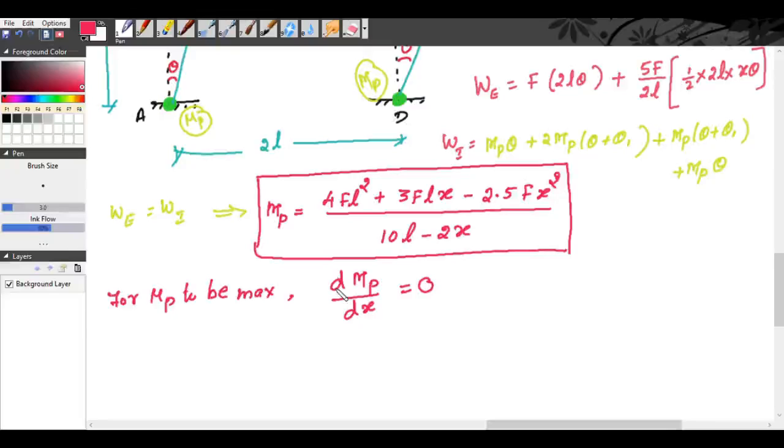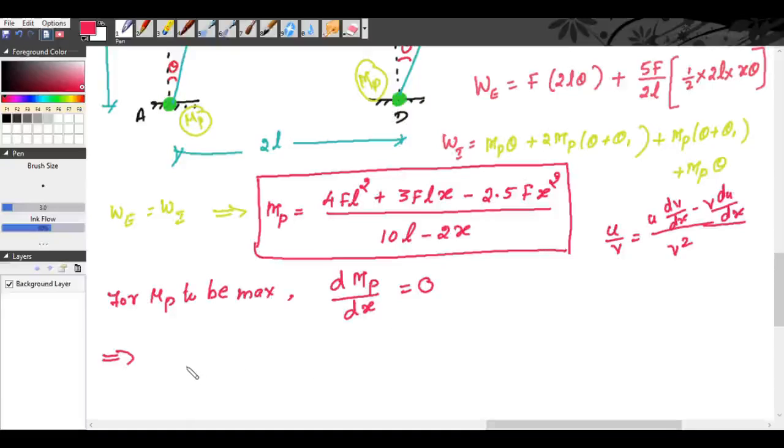this is of the form U by V, right? So we know differentiation of the form U by V is equal to V into du by dx minus U into dV by dx, by V square.